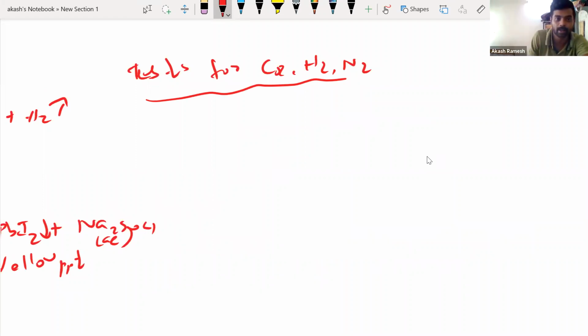Can someone tell me what is the test for CO2? Does anybody remember? Or if you can look into your notes, if you have taken. Lime water turning milky, sir. Absolutely, yes. So it's lime water turning milky. Can someone tell me the reaction of lime water turning milky?